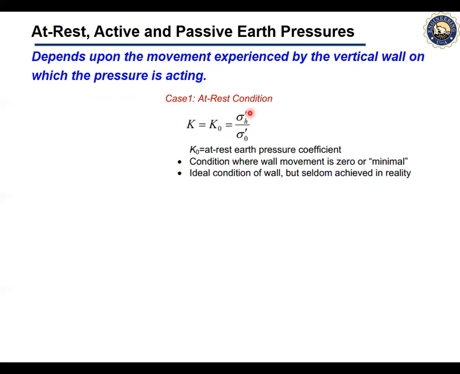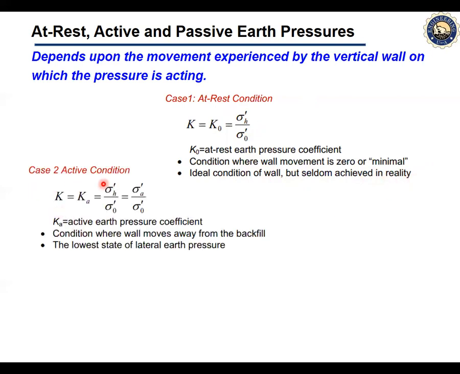The first case, the rest condition, is generally expressed by K subscript naught, which is the ratio of the horizontal effective stress divided by the vertical effective stress. The condition for this is where wall movement is zero or minimal. The ideal condition of a wall, but seldom achieved in reality.